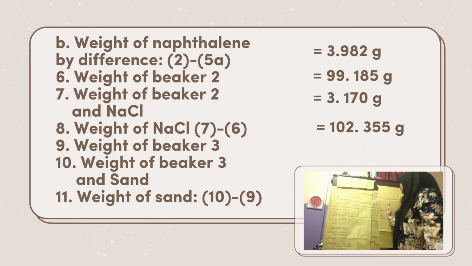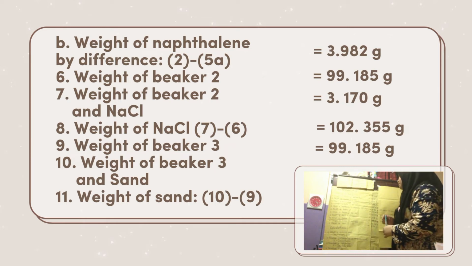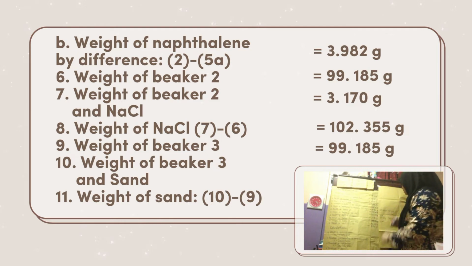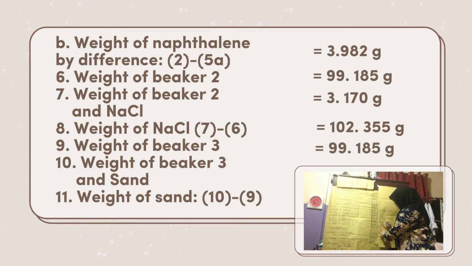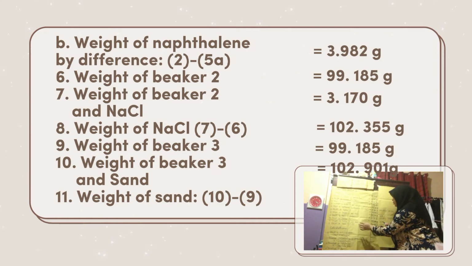Then, let's proceed to the weight of beaker 3. Beaker 3, as usual, is given: 99.185 grams. Then the weight of beaker 3 and sand, we combine it, is also given. Then for the weight of sand, we subtract number 9 from number 10: 102.901 minus 99.185 grams.